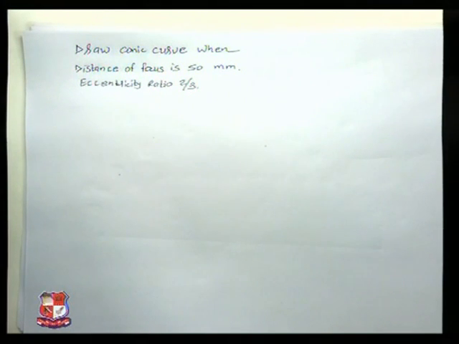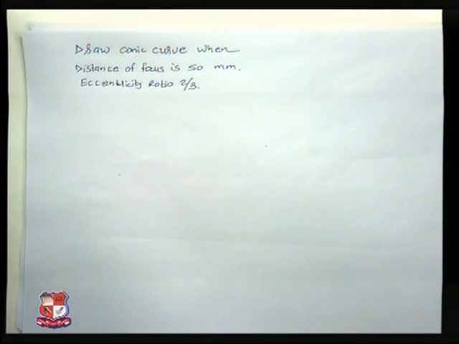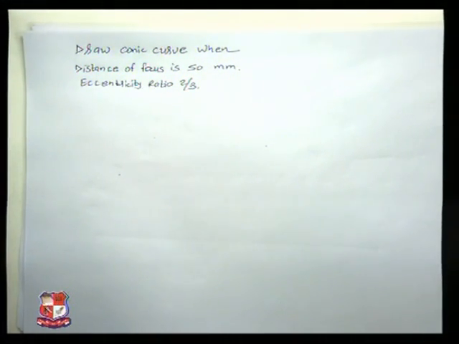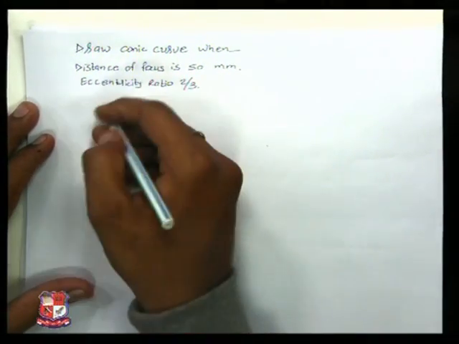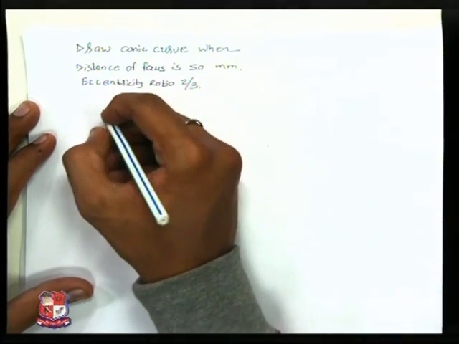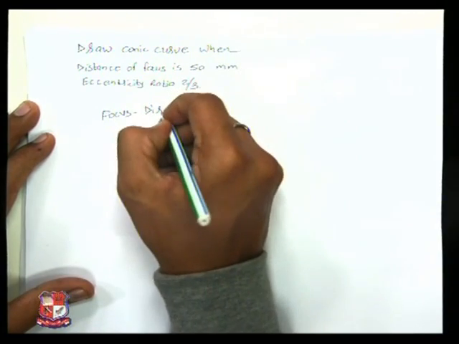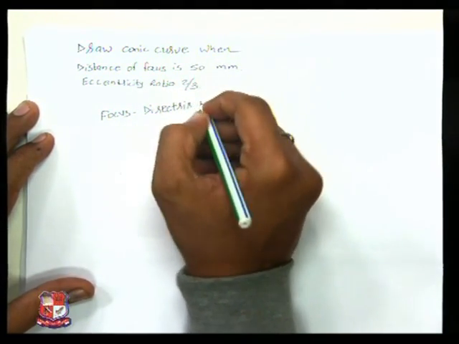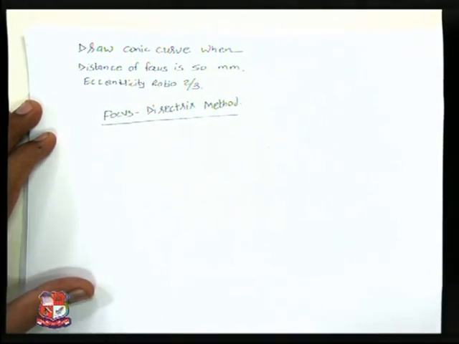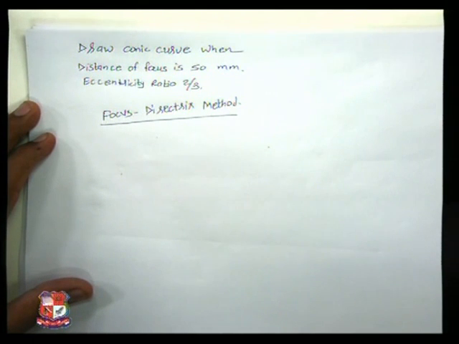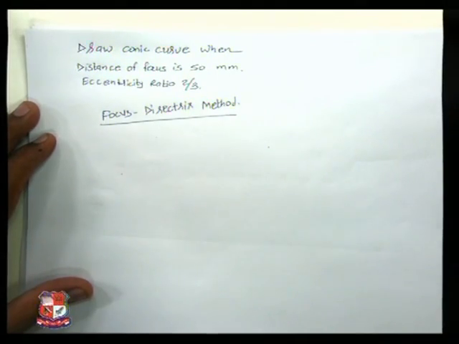When this kind of question is asked, where you need to draw a conic curve, and the distance of focus and some eccentricity ratio are given, then this method is called the focus directrix method.